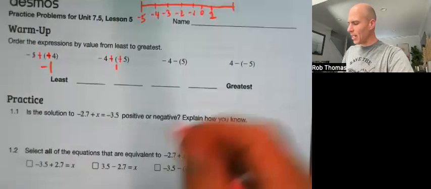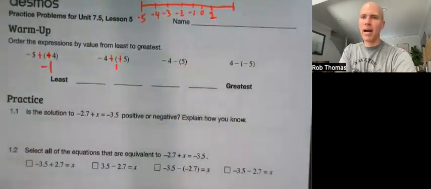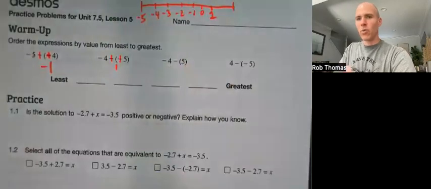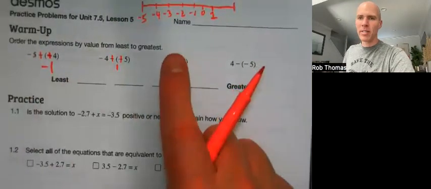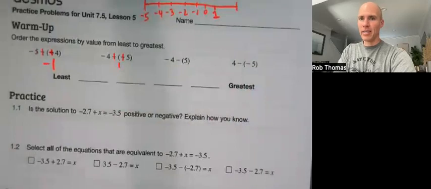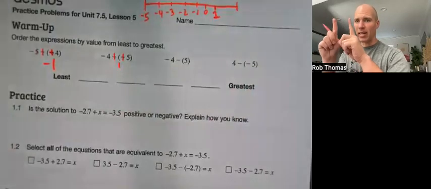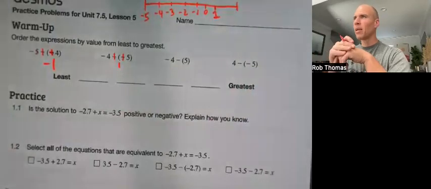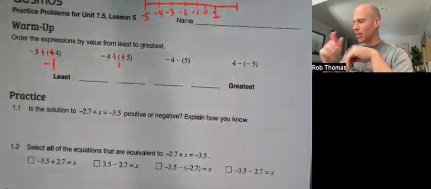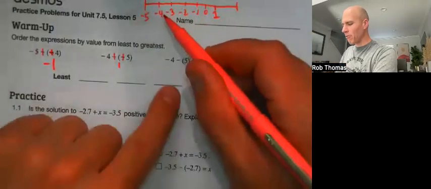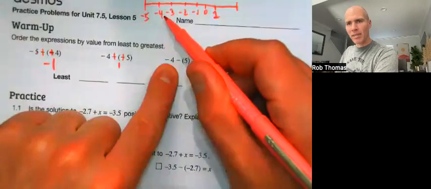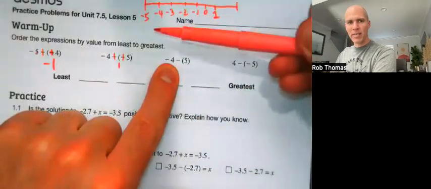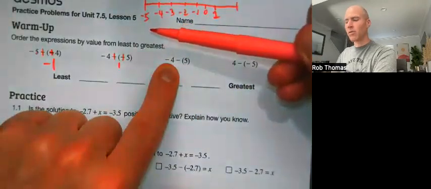Okay, next we got -4 minus 5. These are the ones that I see students make the most mistakes on. And because it's really tempting to want to do 4 minus 5 and get like 1 or -1 or something. But you have to think of it as you're already starting at -4. And then subtracting 5 takes you 5 more spaces in the negative direction on the number line.